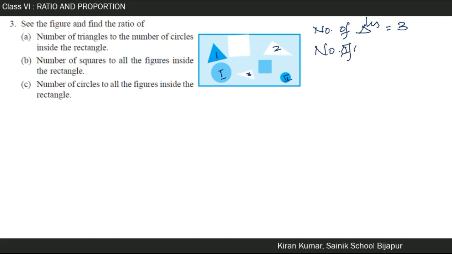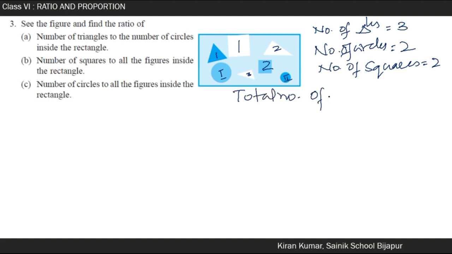So the number of circles is 2. The number of squares is also 2. So what is the total number of figures? The total number of figures will be the sum of these three: 3 plus 2 plus 2, which is 7.